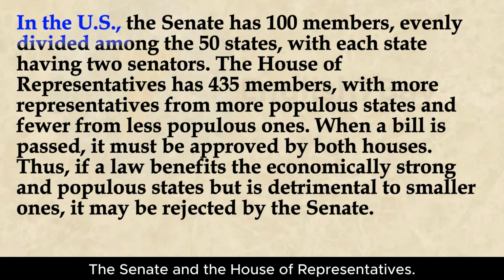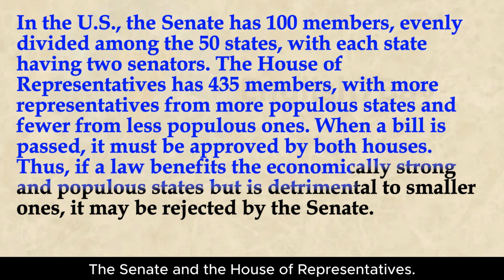In the U.S., the Senate has 100 members, evenly divided among the 50 states, with each state having 2 senators. The House of Representatives has 435 members, with more representatives from more populous states and fewer from less populous ones. When a bill is passed, it must be approved by both houses.